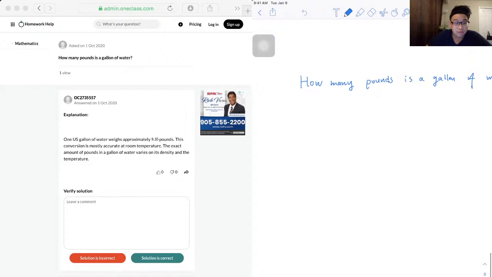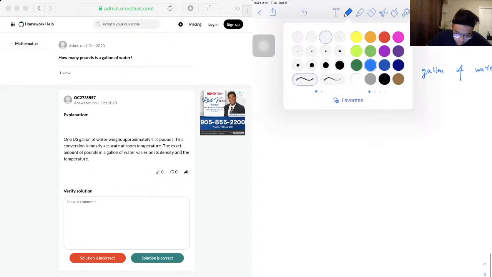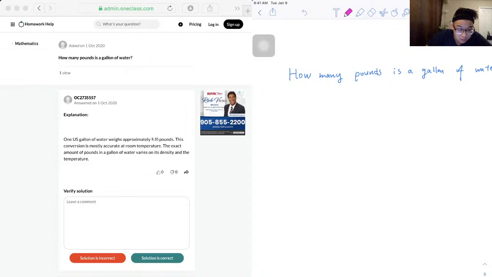So first, our conversion factor. 1 US gallon of water is approximately 8.35 pounds. So let's write it down here. 1 gallon is equal to 8.35 pounds.